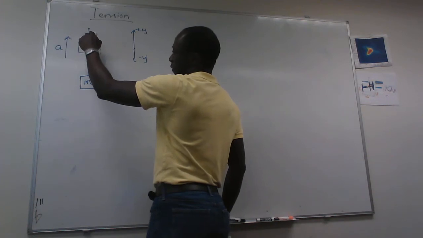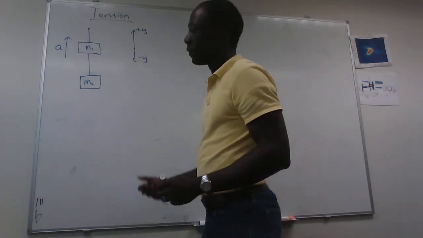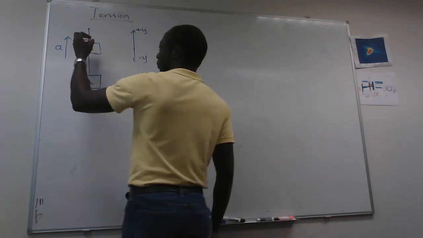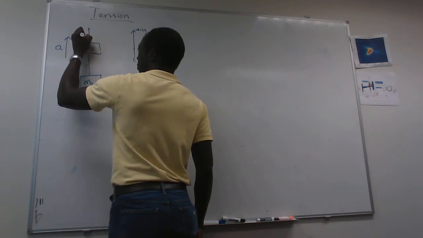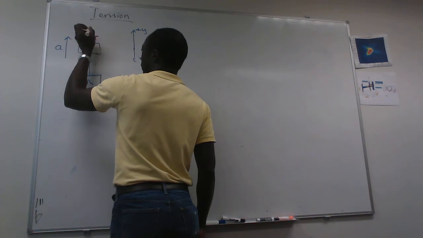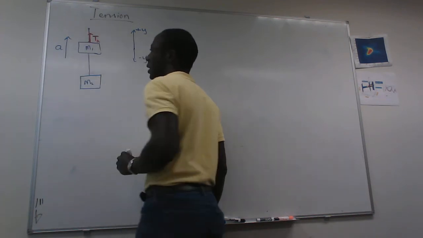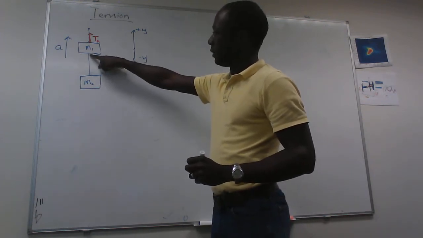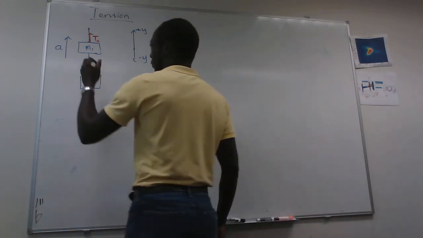Alright, so for object 1, it's connected to this rope with some tension, and the tension is going to be pulling this object up. So the rope is going to pull this object up with some tension, which we call T1 or TA. And at the bottom, the tension here is going to be pulling the box down.